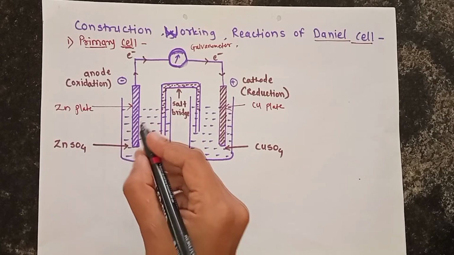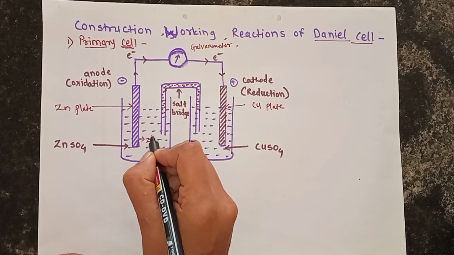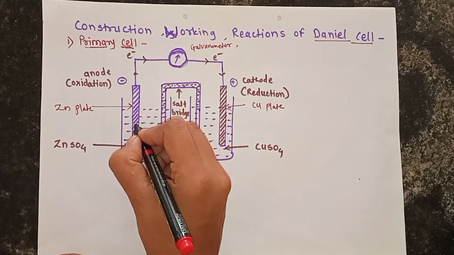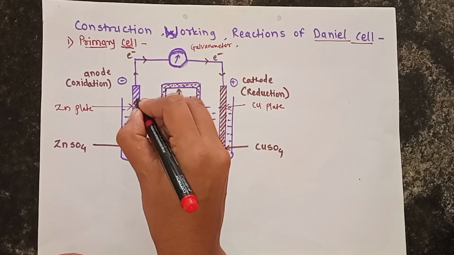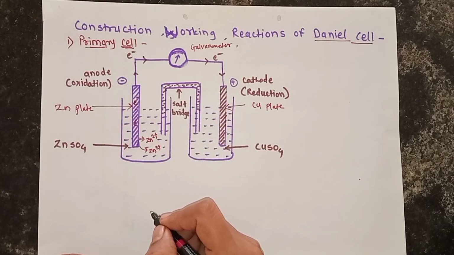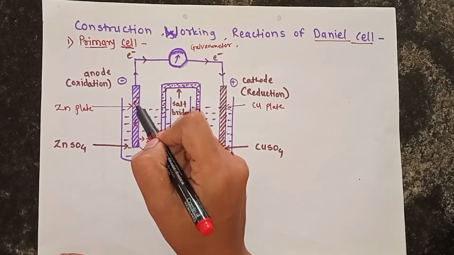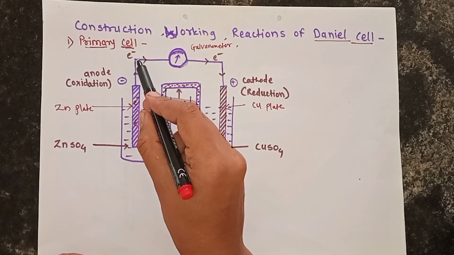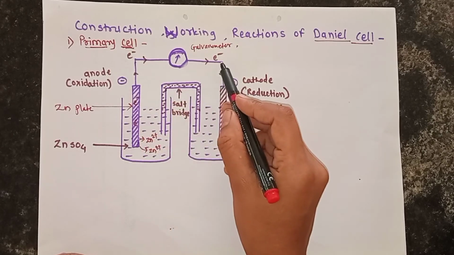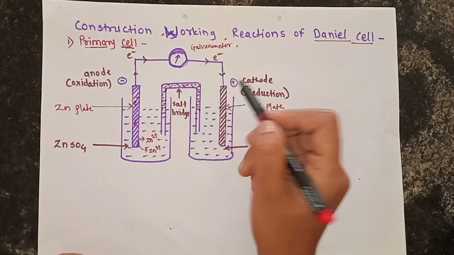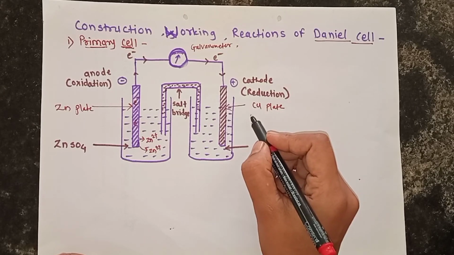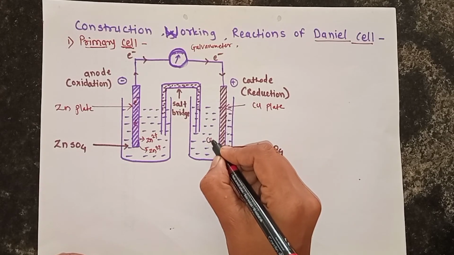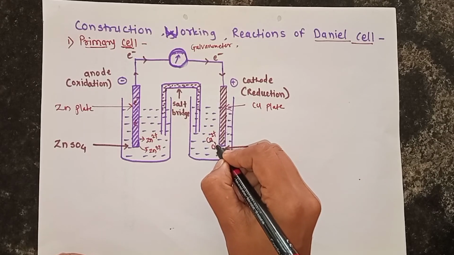So zinc produces Zn2+ ions in the solution, and electrons are left behind on the electrode. These electrons move through the external metallic wire to the cathode, and the cathode plate has Cu2+ ions in its solution.